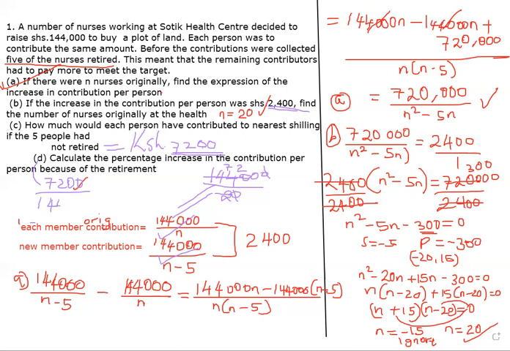If you want to get the percentage increase, it is always the increase in shillings divided by 7,200 times 100, because they want the percentage.